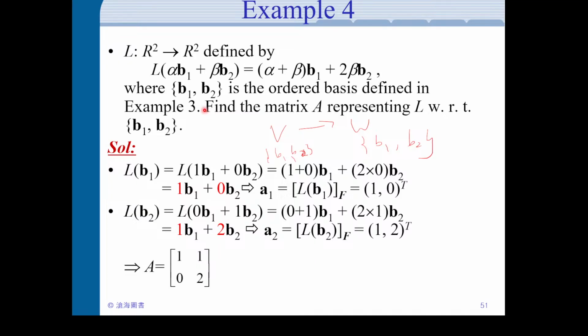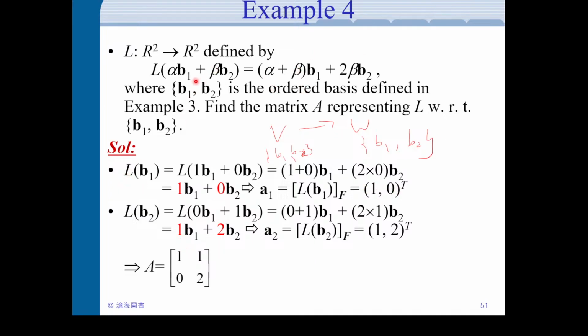So we can see what b1 maps to. For b1, alpha equals 1 and beta equals 0, and it maps to just b1 here. So the coordinate of the image is (1, 0).